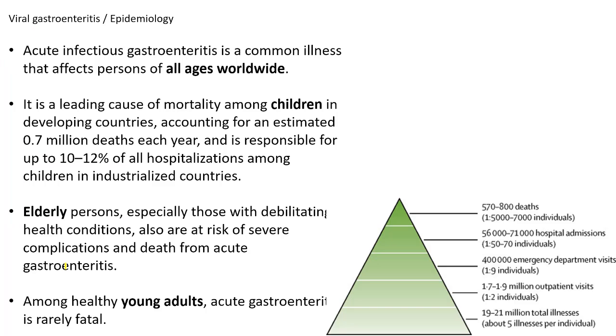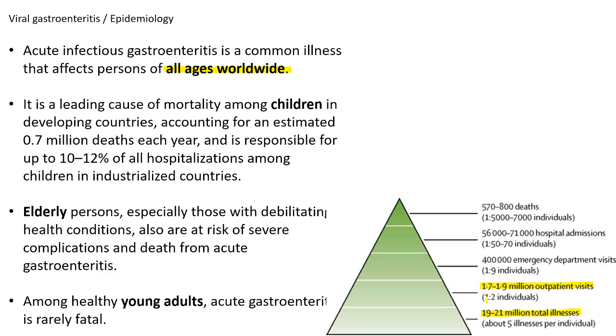So if we look at the epidemiology in general of viral gastroenteritis, we'll see that it affects people of all ages worldwide. And if we look here at this pyramid, we can see that there are around 20 million cases yearly. And out of those, some will go to the doctor.